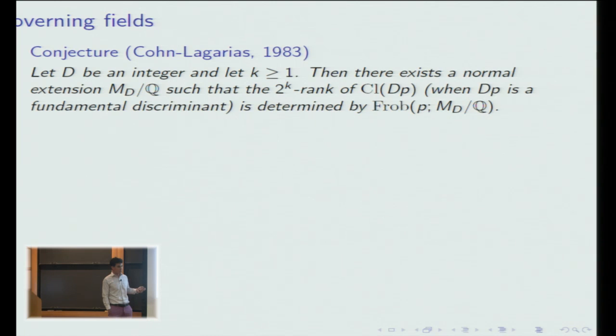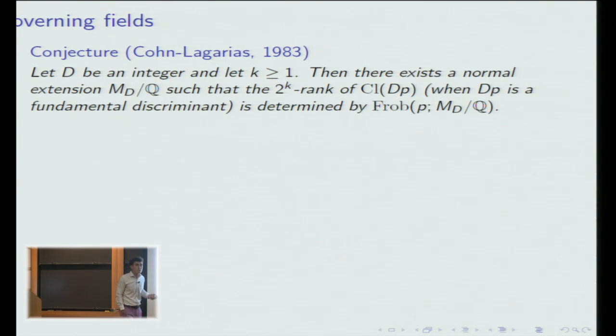If such a conjecture is true, by the Chebotarev density theorem the density for the 16 rank, for instance, exists and is a rational number. And so one might be led to look for such a governing field for the 16 rank.